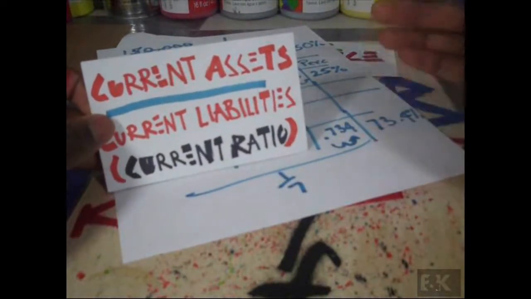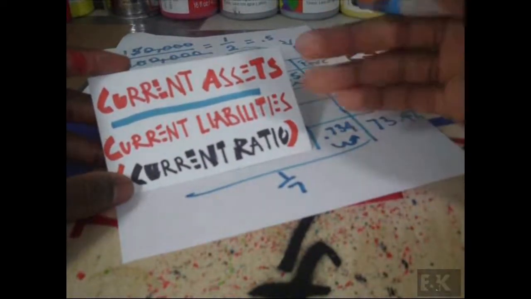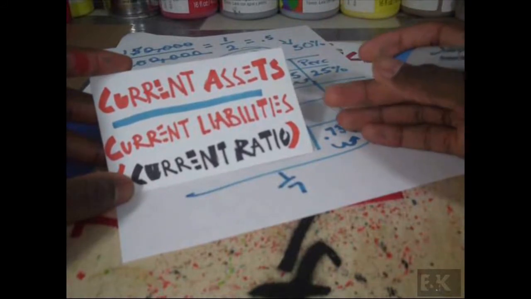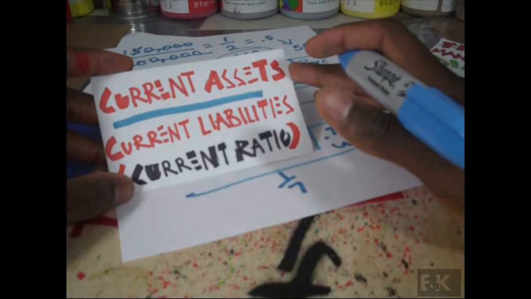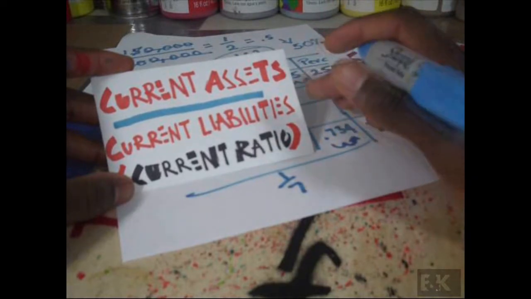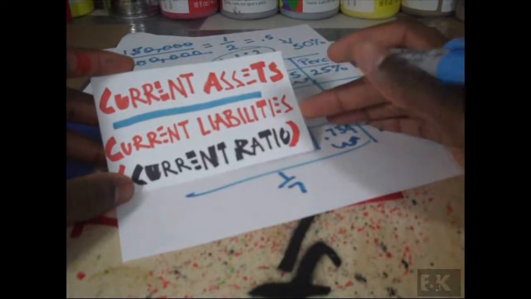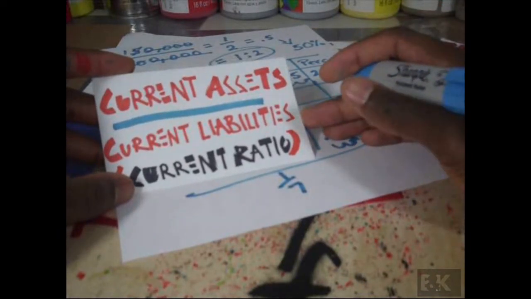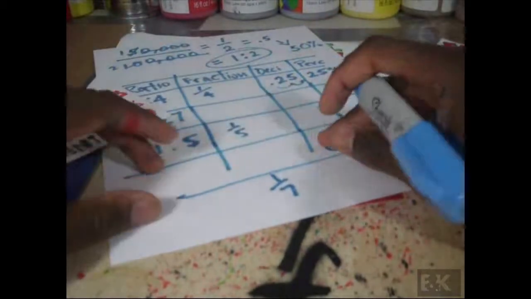I would rather just say 1 to 7, but if you get a ratio like that, you just have to remember that your current assets, the stuff on top in this case, is just 1/7 of what's on the bottom. That's really it. But telling ourselves a story is so much easier when we focus on the ratio side of things.